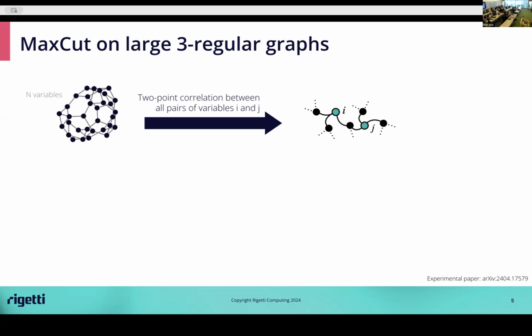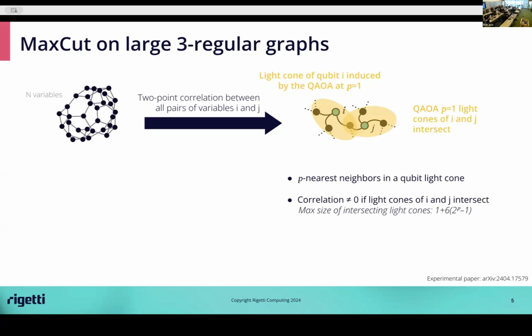So how does it work? The underlying quantum building block is the QAOA algorithm. When we apply the QAOA with P layers on our circuit, that will introduce around each of the qubits a light cone with that qubit and its P nearest neighbors. Now what we want is a correlation Z_i Z_j, and that will only be non-zero if the two light cones intersect.